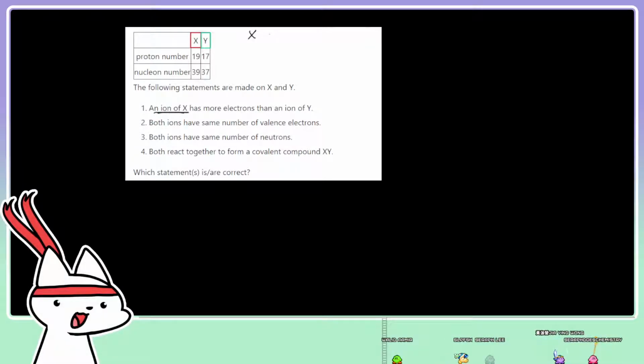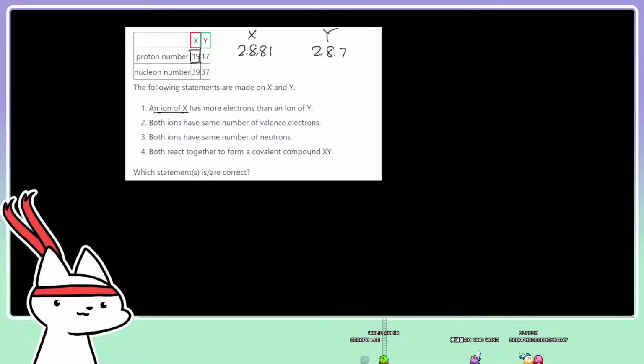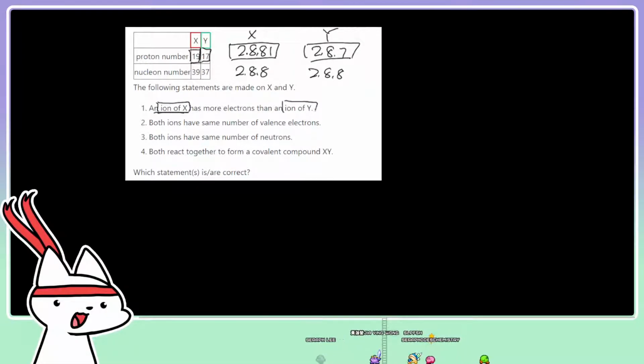X atoms are 2, 8, 8, 1 because it's 19, whereas Y will be 2, 8, 7 because it's 17. So when they become ions, X will lose an electron, so it becomes 2, 8, 8, whereas Y will gain an electron, so it becomes 2, 8, 8. So the ion of X compared to the ion of Y will have the same number of electrons, so 1 is out.